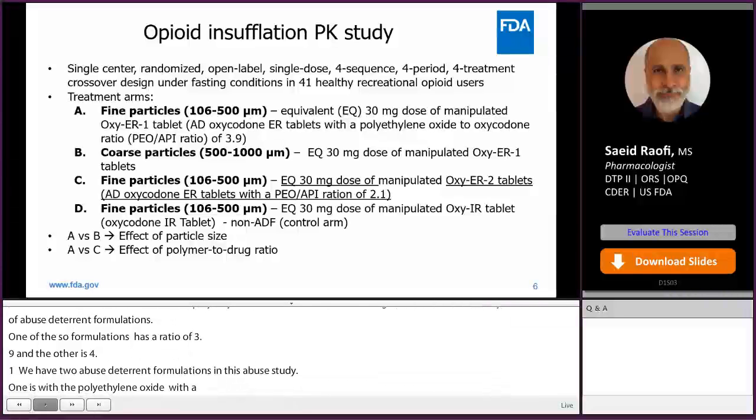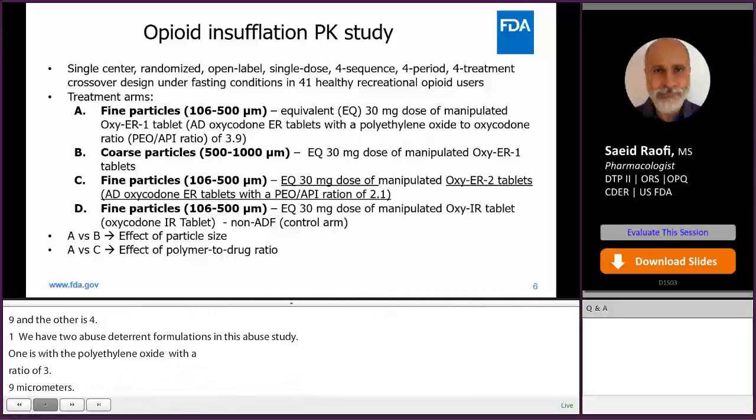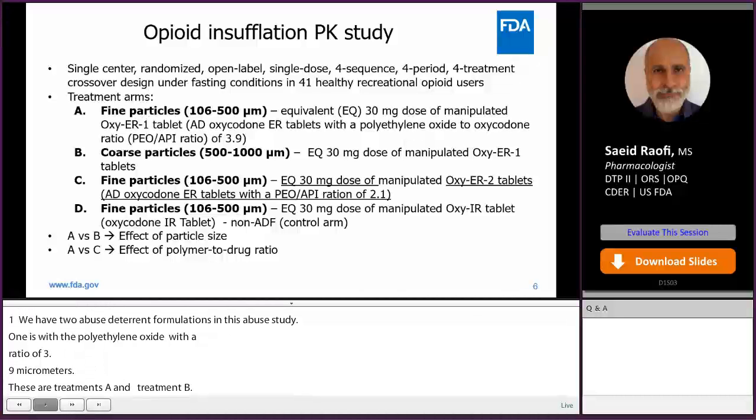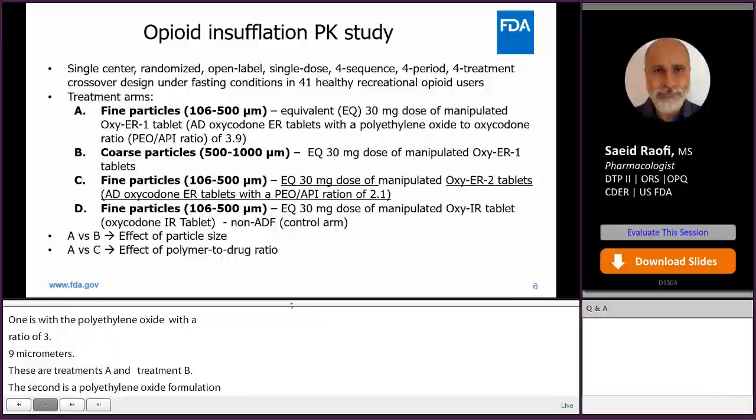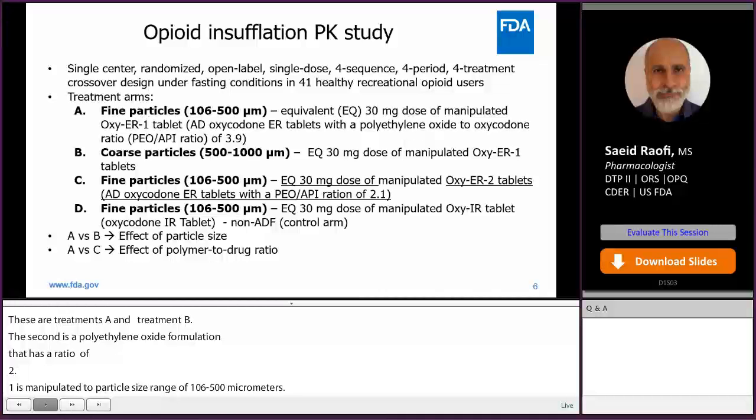And these are treatments A and B. We have treatment C, which is the second abuse-deterrent polyethylene oxide formulation, and that has a ratio of polyethylene oxide to active ingredient of 2.1. This tablet is manipulated to a particle size range of 106 to 500 micrometers. And finally, we have the control formulation, which is an immediate release formulation of oxycodone tablets, which is milled to a particle size range of 106 to 500 micrometers.